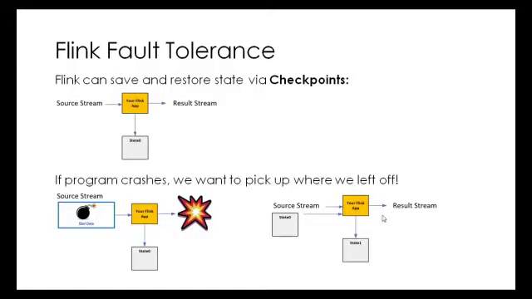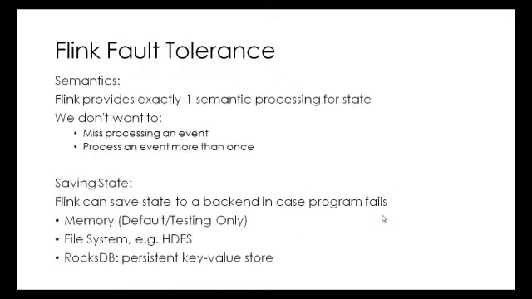You're going to see these terms a lot. You're going to see what's called exactly once semantic processing. When it comes to state, what does it mean? It just means that you don't miss something, you don't process it more than once, you process it exactly once with respect, and this is critical, with respect to affecting the state. It doesn't mean that you won't necessarily look at the same record more than once, but you'll only process it once in terms of how it affects the state that you're computing.